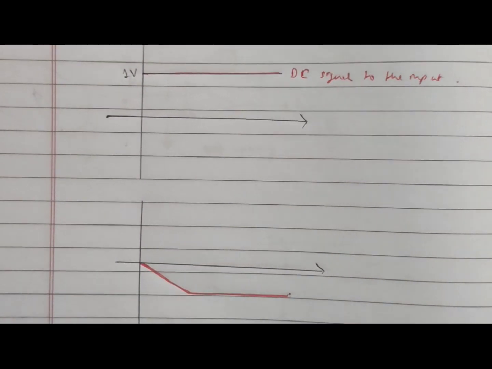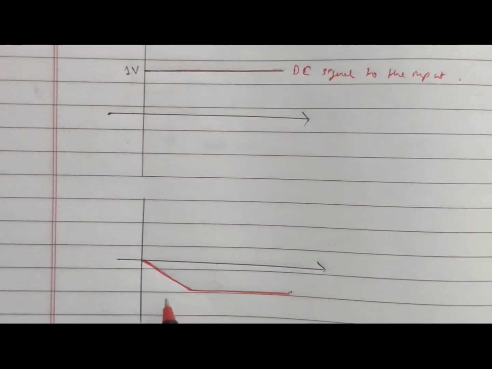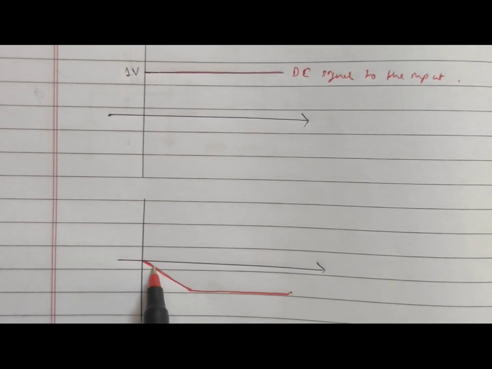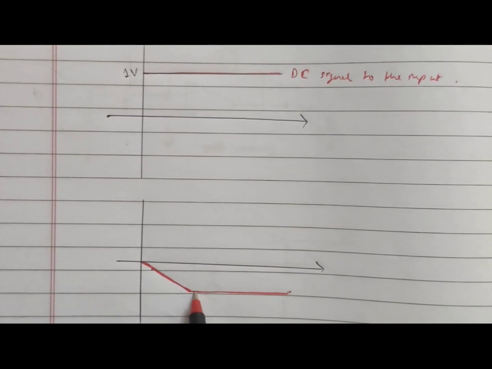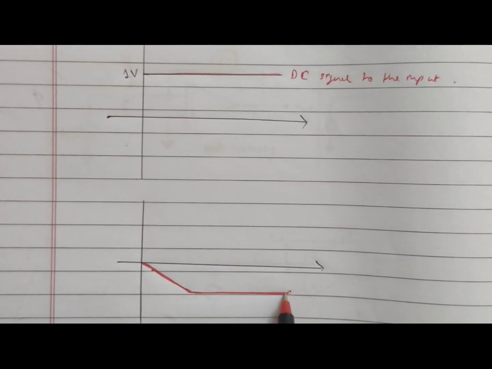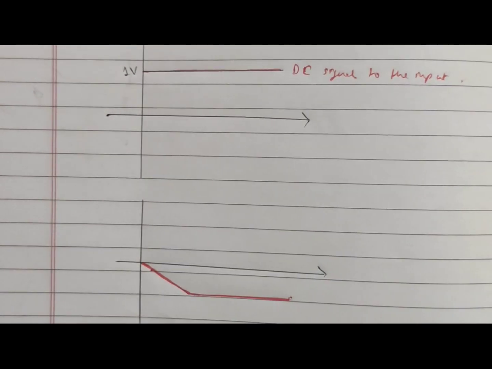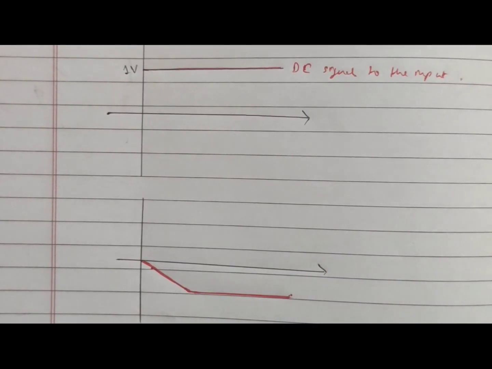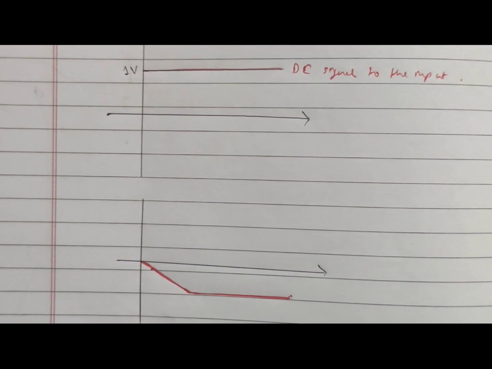Here you can see initially the output will increase, the slope will increase in the negative direction, and then after a point it will saturate, because the output voltage cannot go beyond the saturation limit, right?